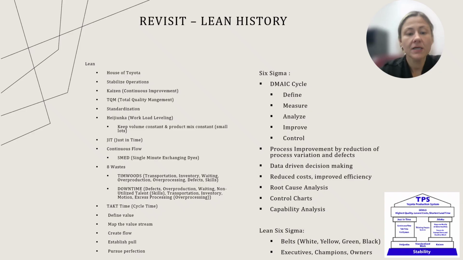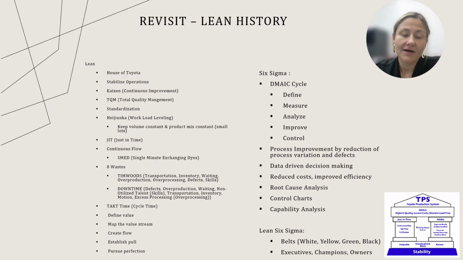Part of the TPS system, we also focus on continuous flow, such as SMED, which is single minute exchange of dies. We focused on the 8 wastes, which can be broken down in the acronym TIMWOODS, or DOWNTIME.